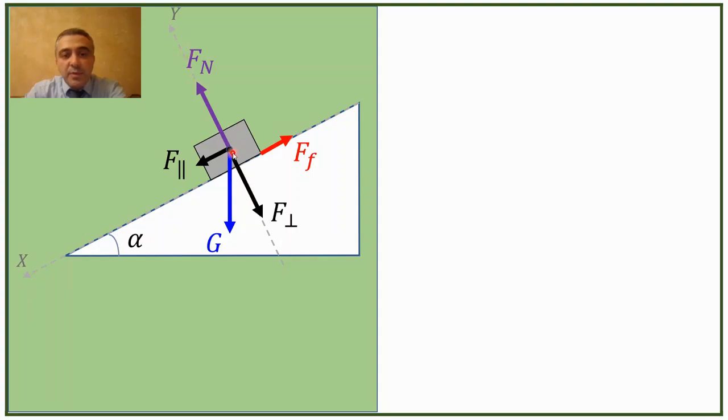The perpendicular component of the gravitational force is always opposite to the normal force. And from here you see that there is an angle alpha between the gravitational force and its perpendicular component.